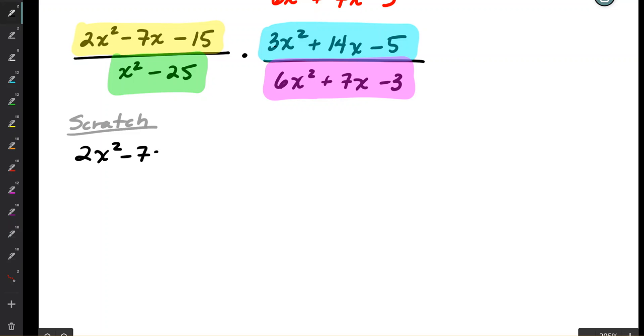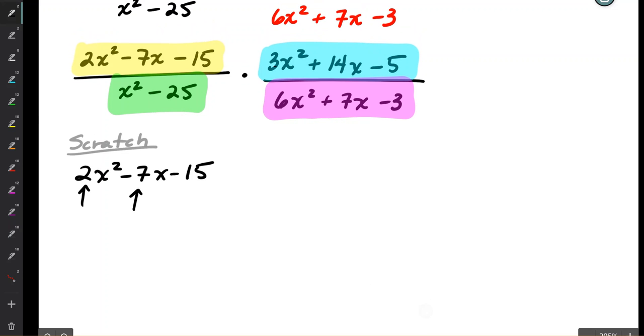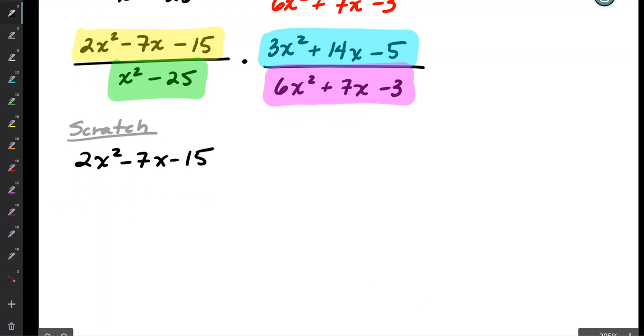2x squared minus 7x minus 15. There's no GCF here. The only thing that divides into 2 is 2 besides 1, and it doesn't go in evenly to minus 7 or minus 15 for that matter. Now you can either do the AC method, which we've done before in class.